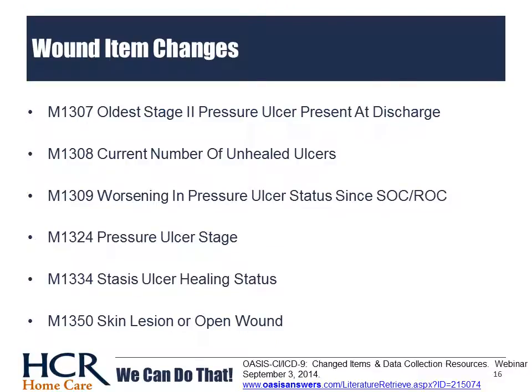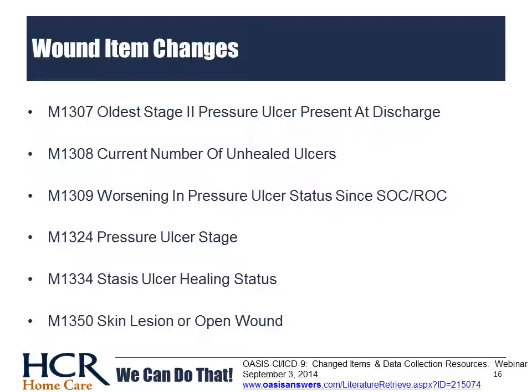Okay, moving on to some of the items that have changed in terms of the wound questions. You're now going to be seeing some fairly substantial changes to these items, and probably our biggest OASIS C1 change is going to be one of these. M1307, the oldest stage 2 pressure ulcer present at discharge, has changed.